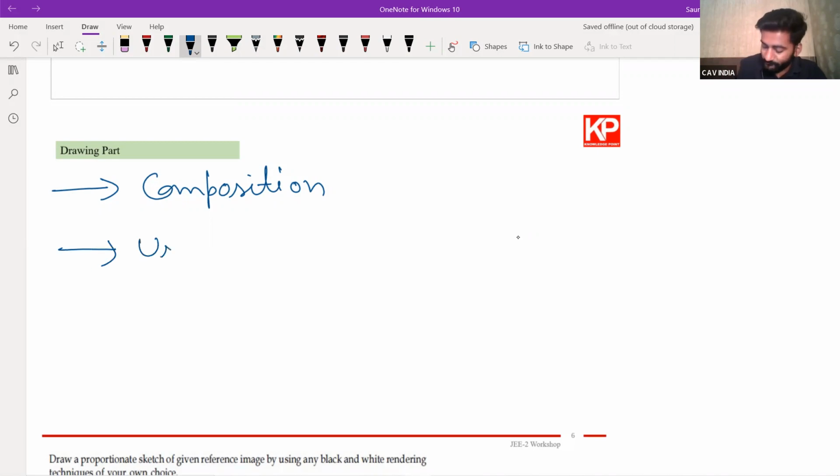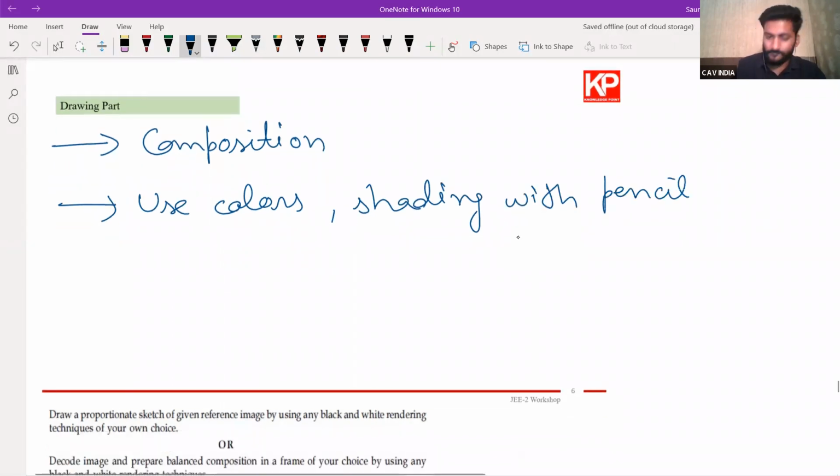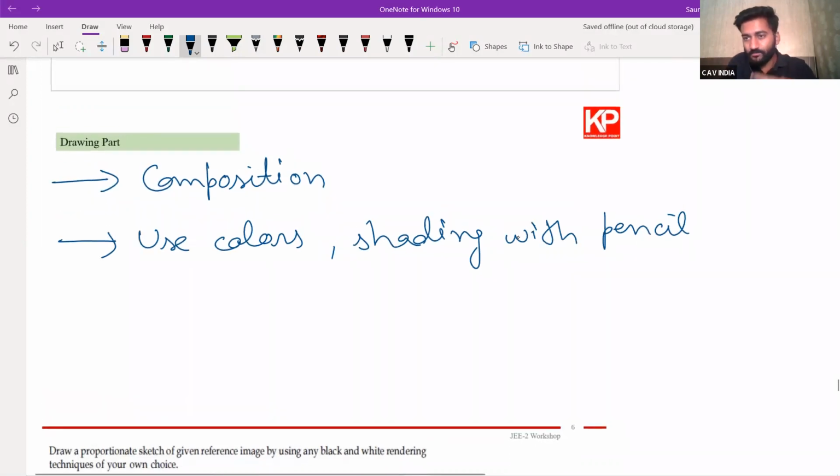Along with that, use colors. If you are comfortable with, you can quickly do that, or simply do the shading with pencil. At least do something like that instead of just having some skeleton drawing, because these things will give some depth in your work. I'll also show you the examples.